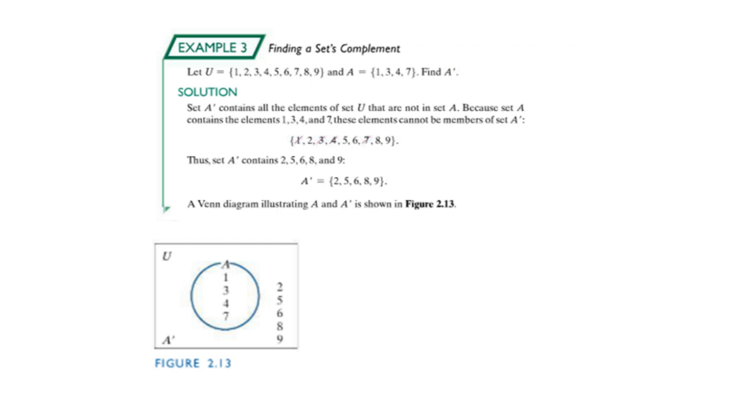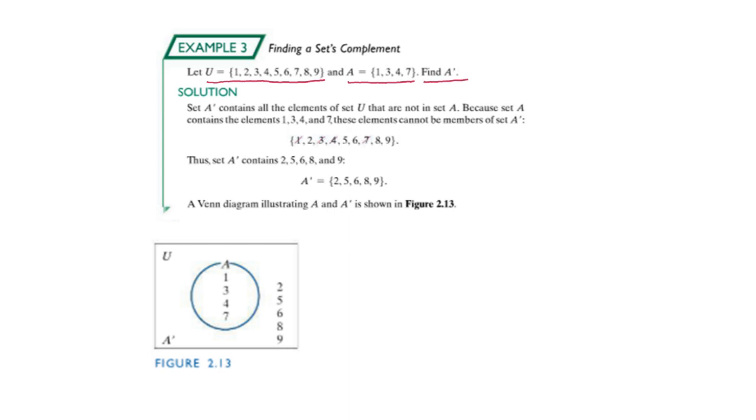So for this exercise, we're going to try to find the complement. They defined the universal set for us. They said let U equal 1, 2, 3, 4, 5, 6, 7, 8, 9. Let A be 1, 3, 4, 7.